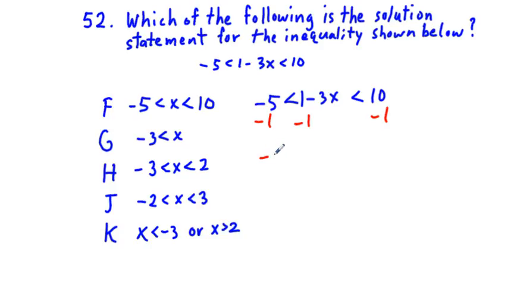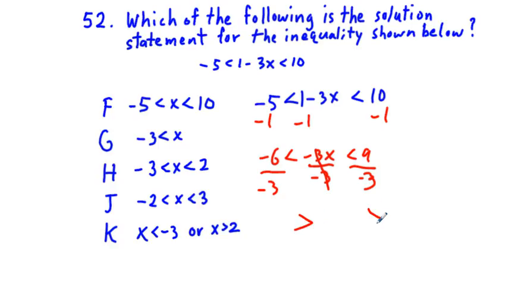So we have -5 minus 1 is -6, which is less than -3x, which is less than 10 minus 1, which is 9. And now we're going to divide everything by -3 to solve for x. When you divide by a negative number, we have to switch the direction of the inequality.